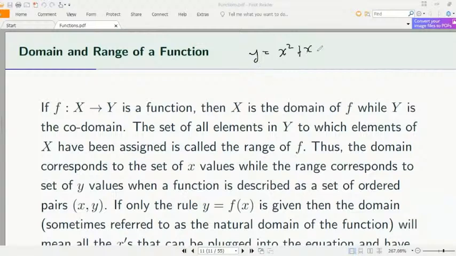If only this is given, and you're not given the values in set X, you're not given set Y, then this is very important. The domain, sometimes referred to as the natural domain of the function, will be as follows.